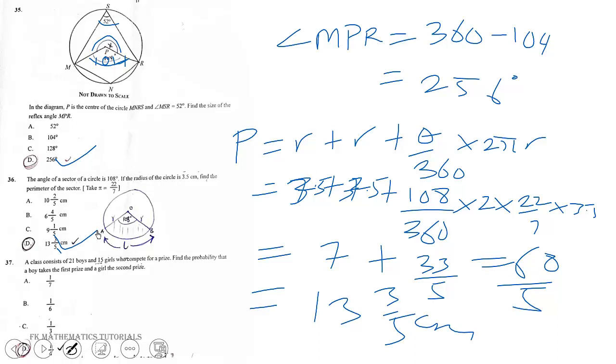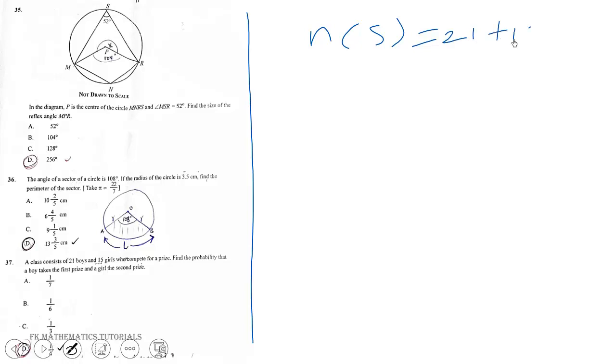In a class of 21 boys and 15 girls who compete for a prize, find the probability that a boy takes the first prize and a girl takes the second prize. So the total number of people in the class, which is the sample space, will be equal to 21 plus 15, and that is equal to 36.